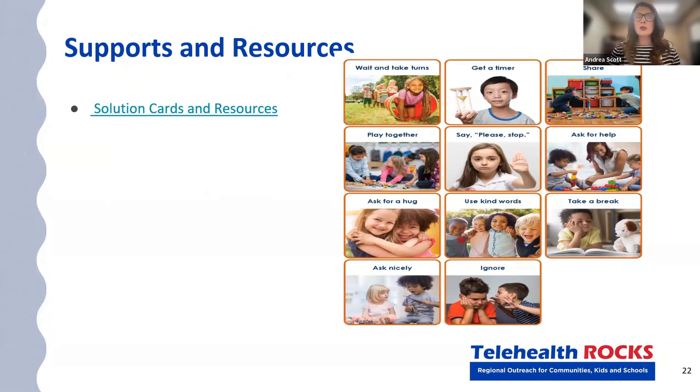So these are solution cards and resources that will be a very good reminder to their brain to use. I've even used these in my own classroom when I was teaching in my early years of education. And we used these with a child with autism. This child was nonverbal. He was able to use these. And we taught him very quickly how to hand a card to a child and say, hey, I want a next turn. Okay. So great, great resource. Next slide, please.